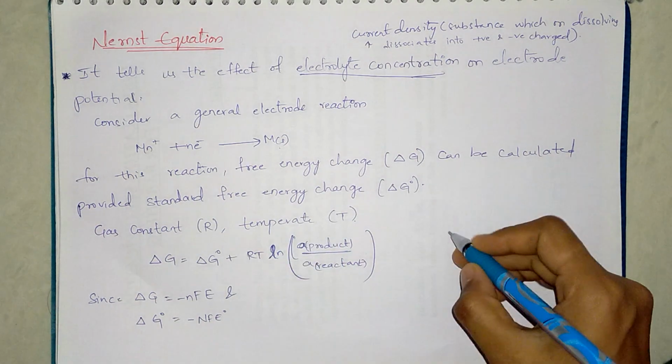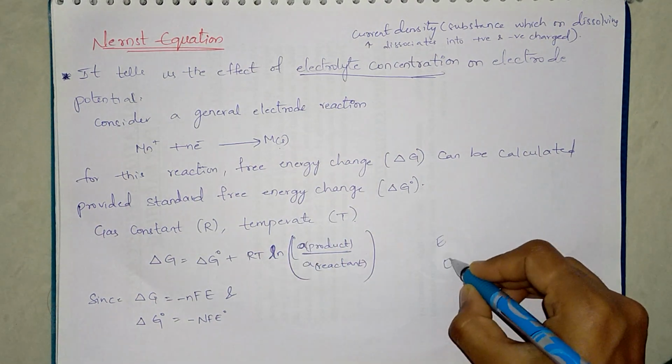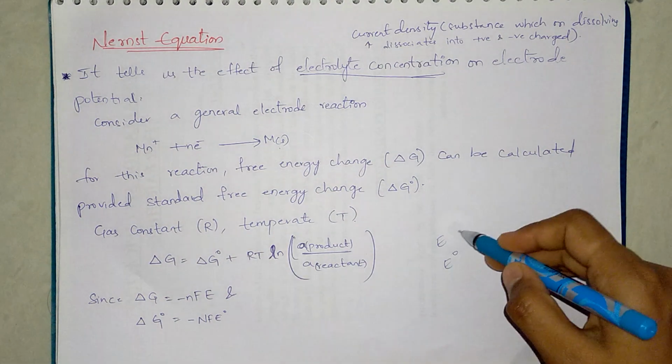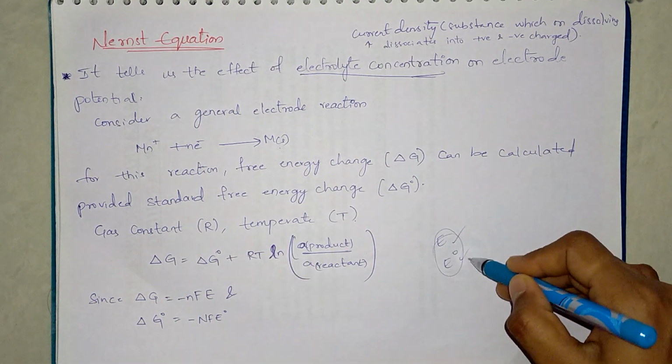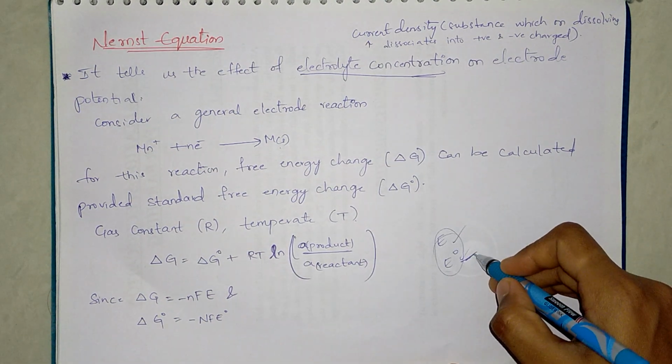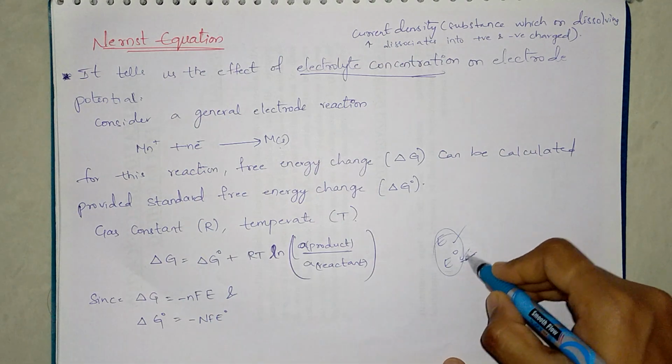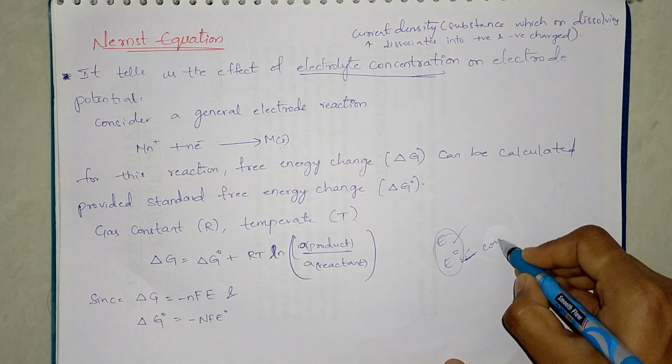We have seen the electrode potential E and the standard electrode potential E naught. The difference between them is that E naught, the standard one, always operates at a constant temperature and pressure.